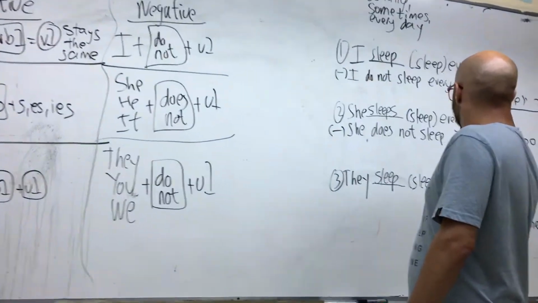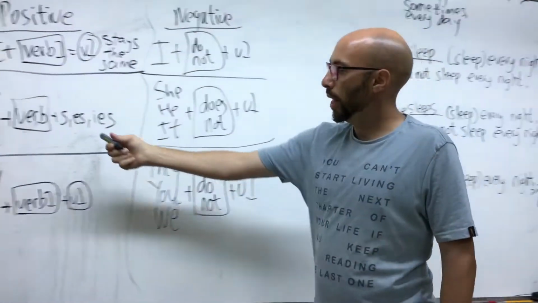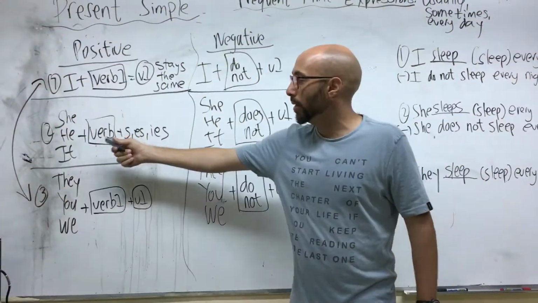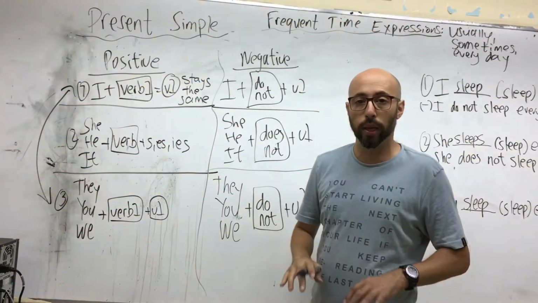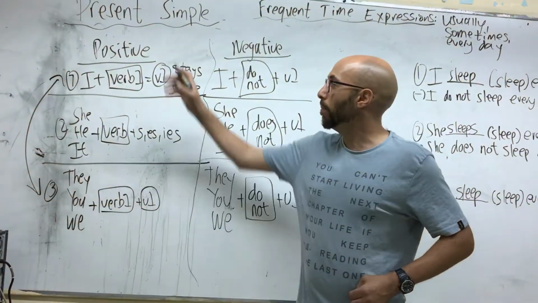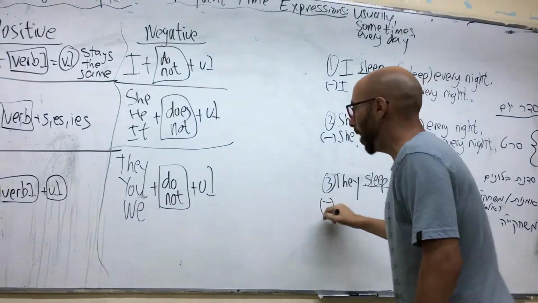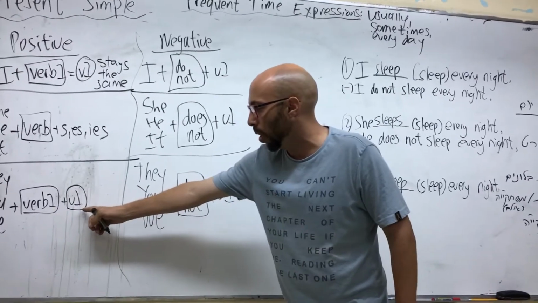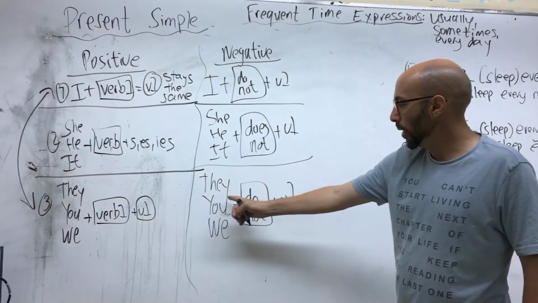I would like for you to pay attention to the fact that in the positive we added S, but only in the positive, in the second body, we add S, ES or IES. Only in the second body, in the positive, we add S. They sleep every night. They plus V1, which means it stays the same. Now I look at the negative.